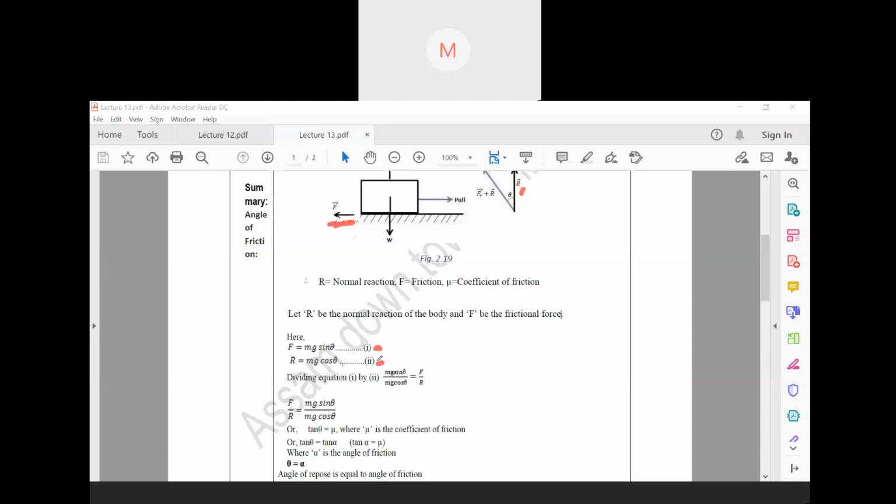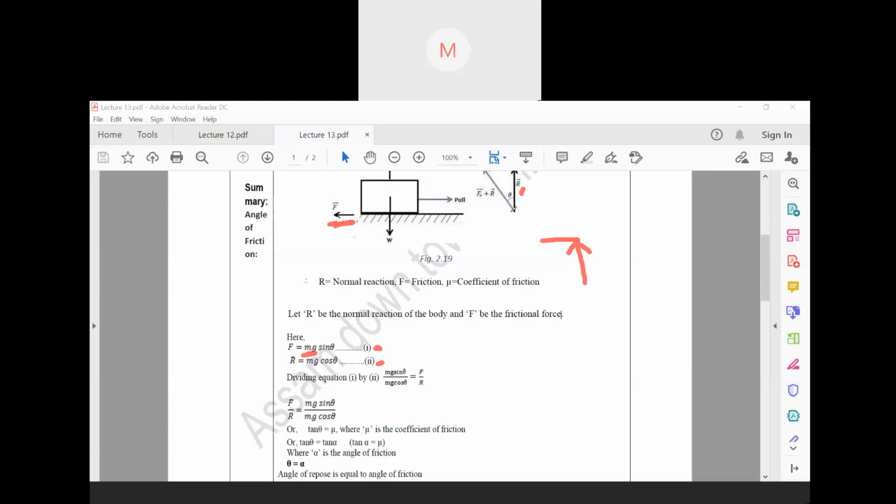Because the angle is theta and mg is the resultant.